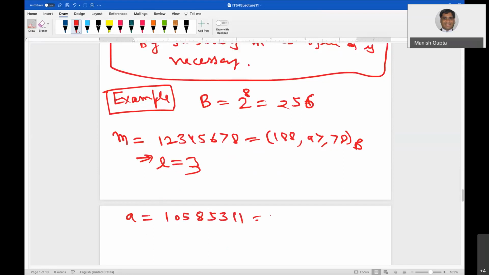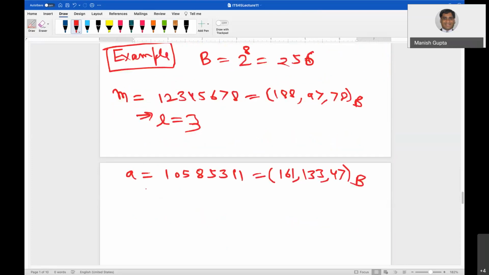So in base B, this value is 161, 133, 47 in base B. All these things you can compute using PariGP. You don't have to do it by hand. And suppose B is equal to 8512056. In base B, this is 129, 226, and 56 in base B.